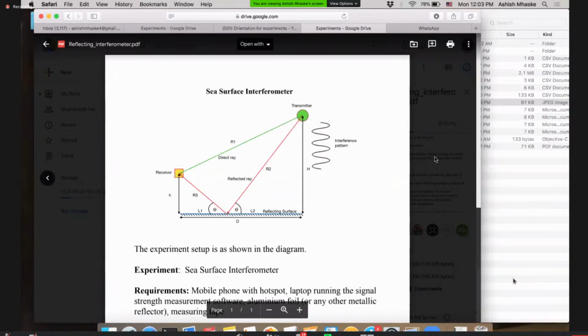And the wavelengths, of course, somebody was asking about the wavelength. Yes, in this particular setup, you will know the wavelength from whether you're using the 2.4 gigahertz transmitter or 5 gigahertz.